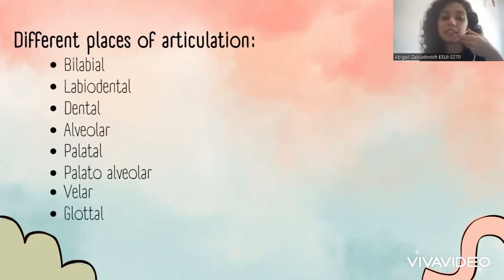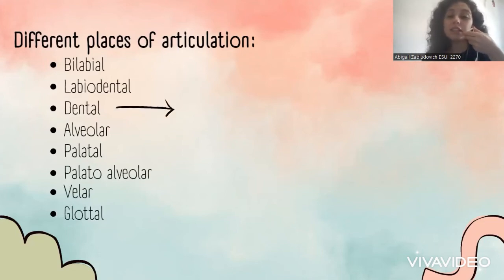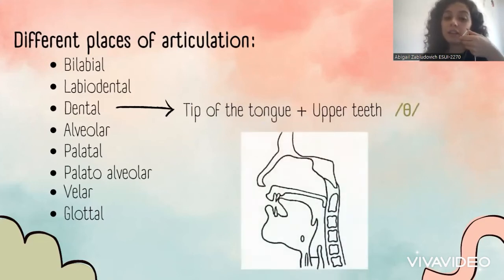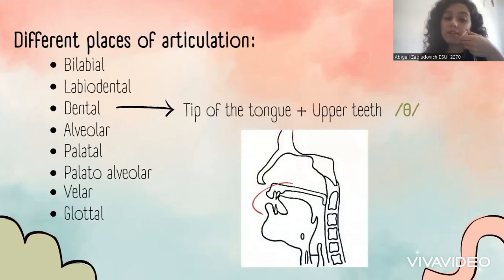Let's take, for instance, dental sounds. Dental sounds are produced with the tip of the tongue touching the upper teeth, as in the sound th. As you can see in the picture, the tip of the tongue is touching the upper teeth, and as a result, we get the sound th.